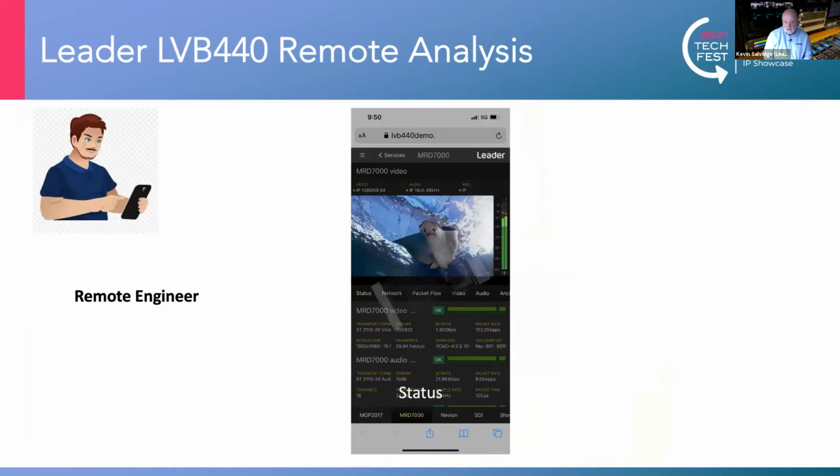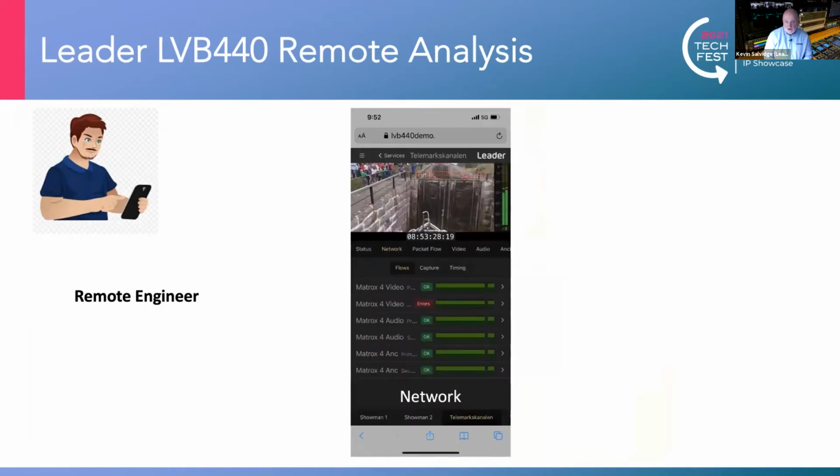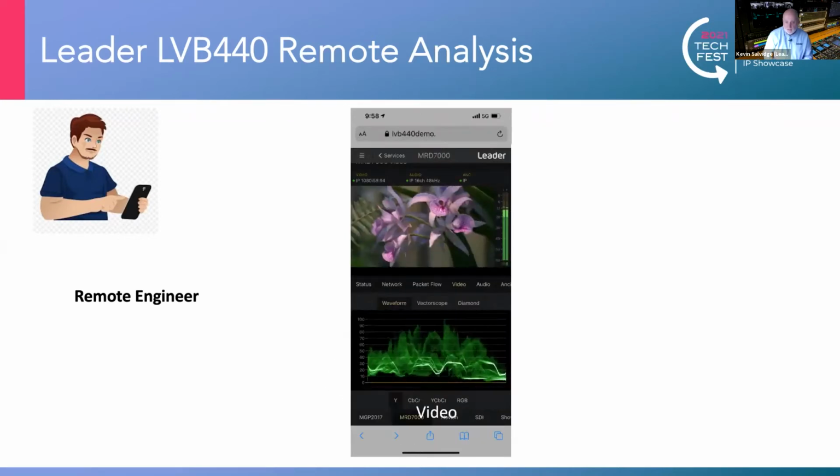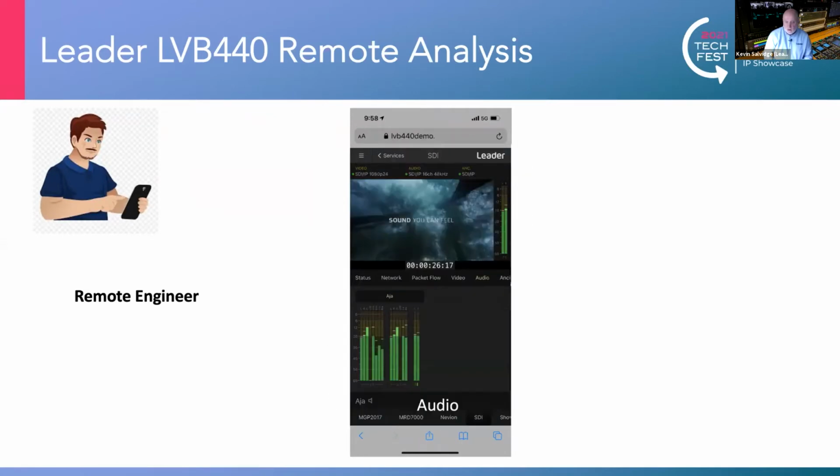Here we're monitoring the status. Now we're looking at the network and the flows. Here we can see the 2022-7 streams, exactly as we saw before. The secondary is 100% of the data flows at the moment. The waveform monitor for the video picture, the audio, and this is where the down mix of the 7.1 and 5.1 to a stereo pair can be invaluable for checking and listening to the audio on a particular service.